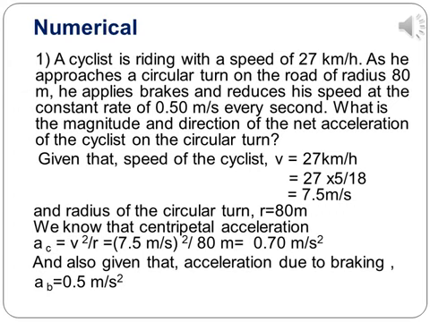We know that centripetal acceleration AC is equal to v square by r is equal to 7.5 meter per second all square divided by 80 meter, which is equal to 0.70 meter per second square. And also given that acceleration due to braking AB is equal to 0.5 meter per second square.